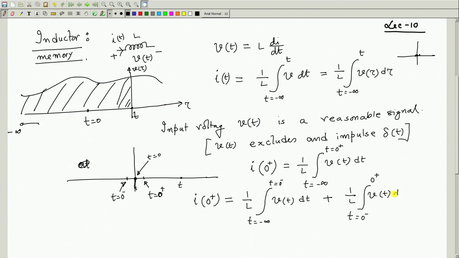So, the same thing is now broken up into two pieces. One is from minus infinity to 0 minus, then from 0 minus to 0 plus, to get the current I at 0 plus.